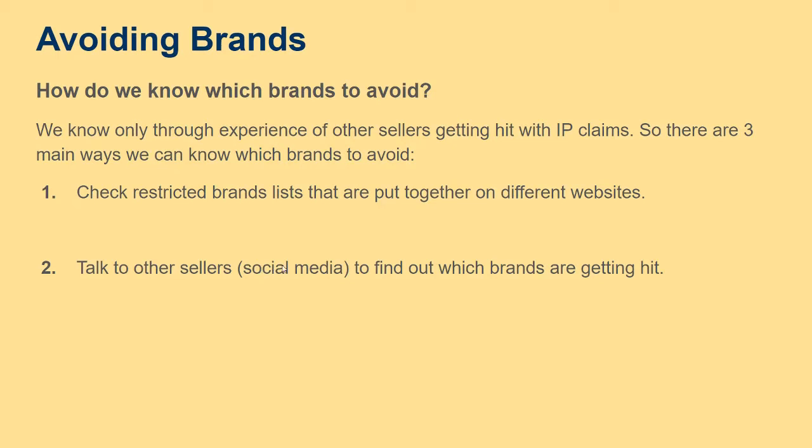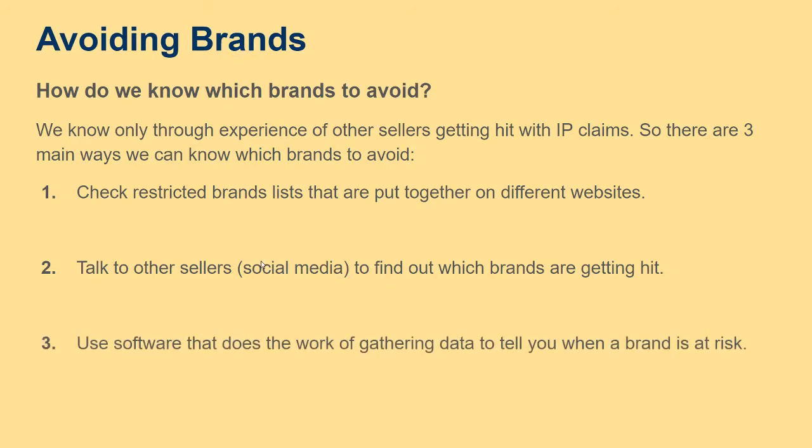That's a little different from having an actual list. You could be part of a group that shares brands that are getting hit. And then number three is we can use software that does the actual work of gathering the data. They have their own resources for gathering this brand data, and then they will tell you when the brand is a risk, when it's likely to be hit with an IP claim.